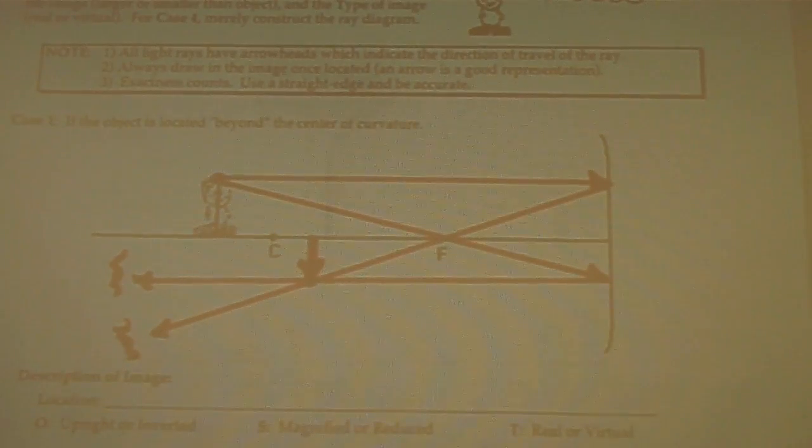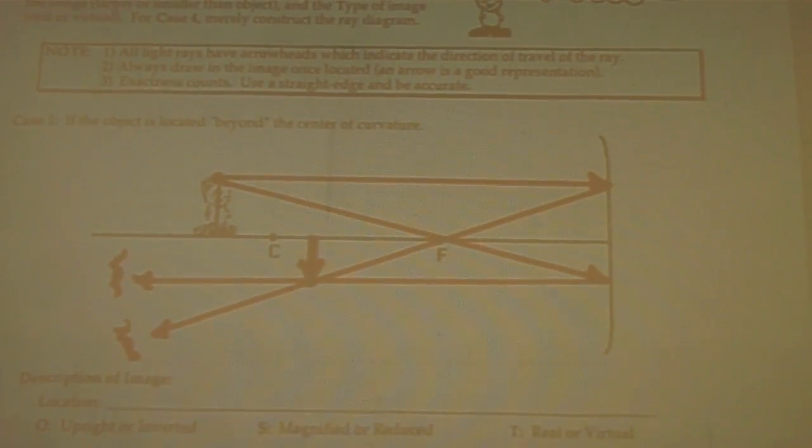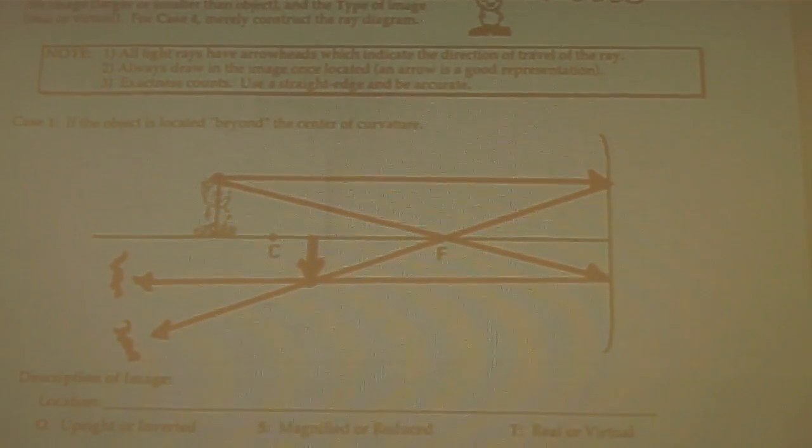The last thing we have to do in this case 1 is to state how we would describe the image. We use the LOST principle of image description, where L stands for location, O for orientation, S for size, and T for the type of image that it is.